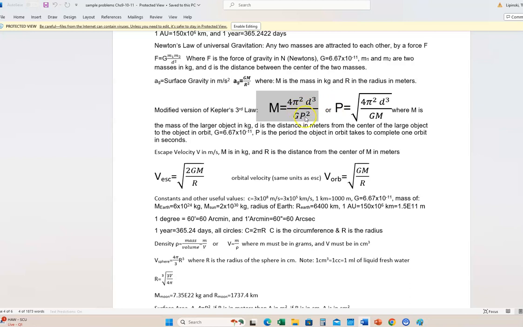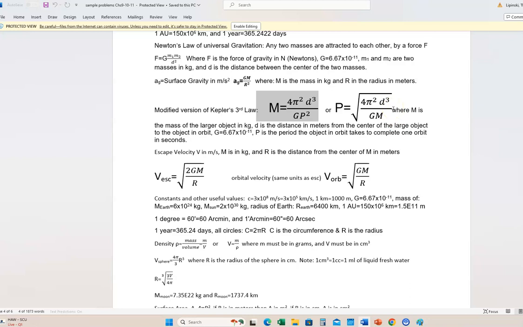So if you rearrange this equation and you solve for p, the p and the m switch places, but of course it's p squared. So if you take the square root of both sides, the p, which is the period, is the square root of 4 pi squared times the semi-major axis, that's what d is, cubed, divided by big G, which is always the same number, 6.67 times 10 to the minus 11th, but this time divided by the mass, and that'll give you the answer for the period in seconds.